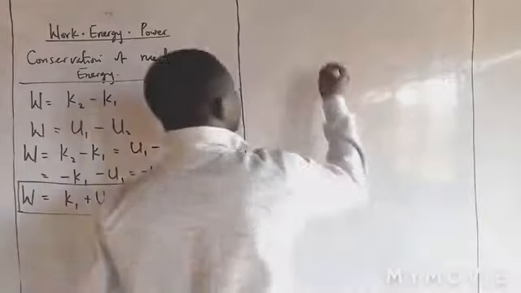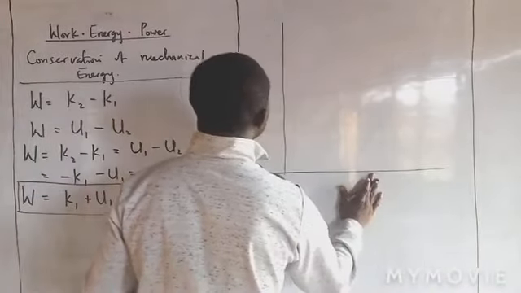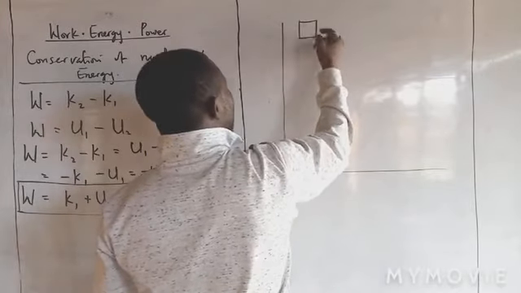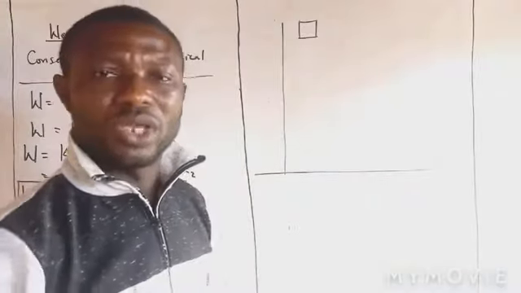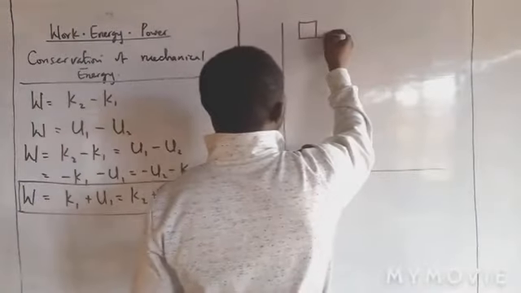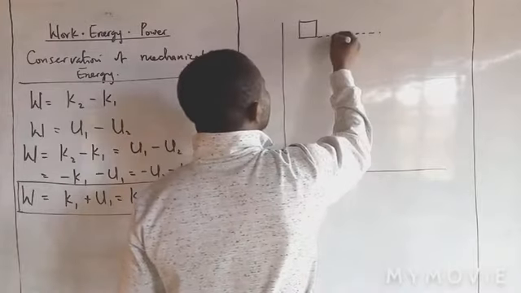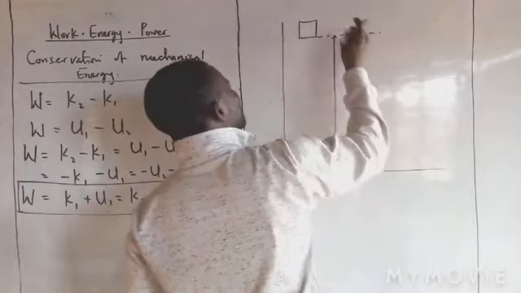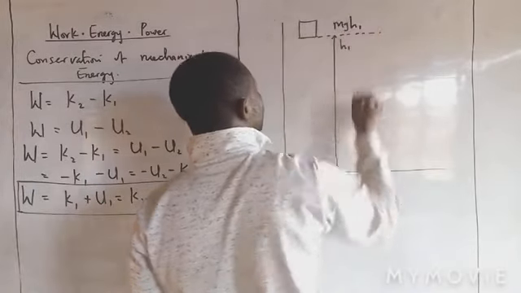This is the horizontal and this is the vertical. If a body is dropped here, it has not gained any kinetic energy, so it has only potential energy. Let me call this height H1. It means the only potential energy here is mgH1.